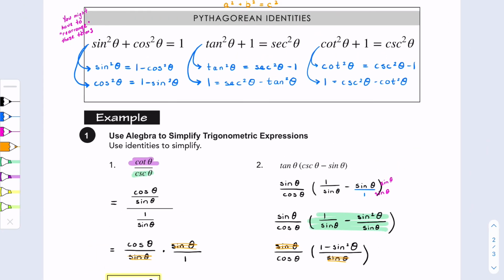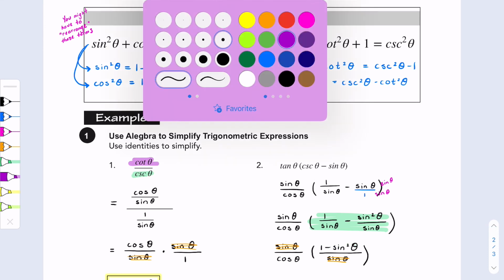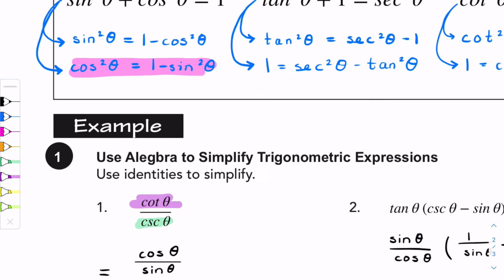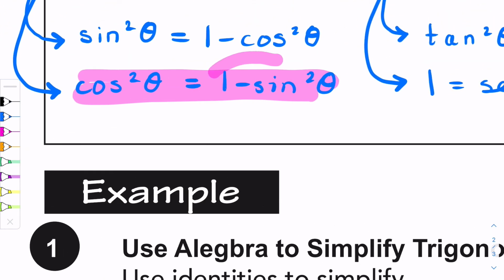So if I scroll out and I look up here at my identities, when we reworked our Pythagorean identities, we reworked 1 minus sine squared, and we set it equal to cosine squared. So notice this is what we're dealing with: 1 minus sine squared.